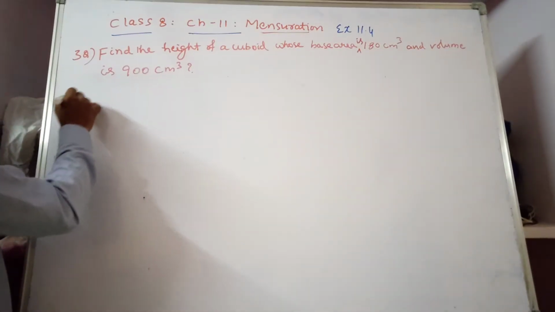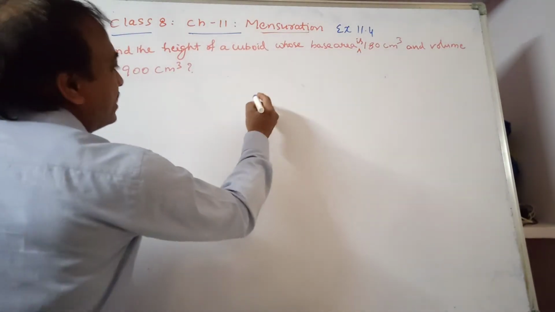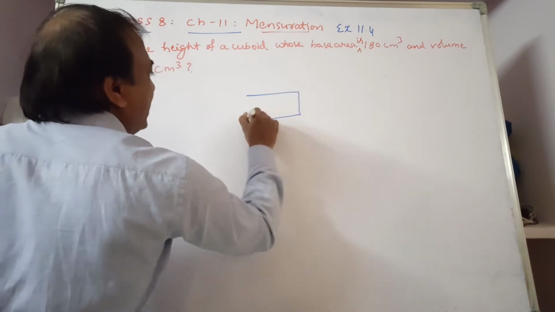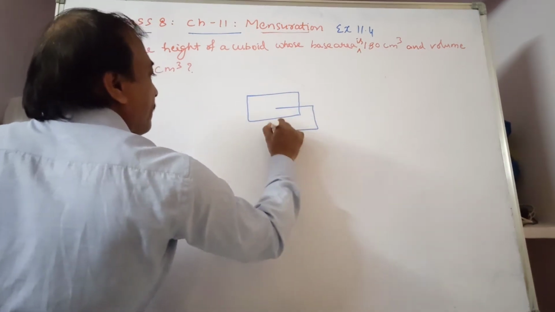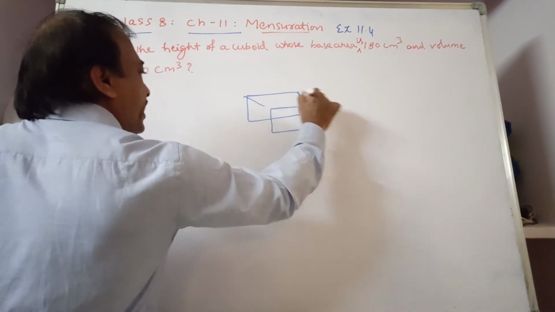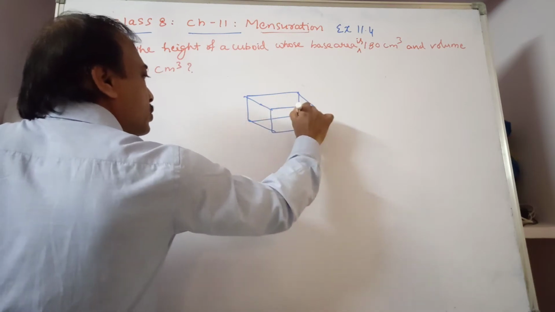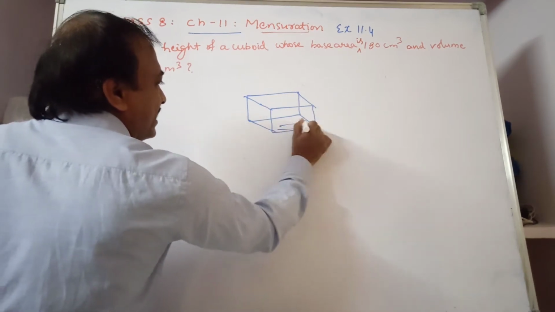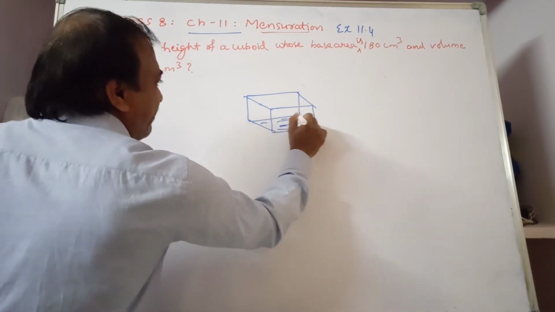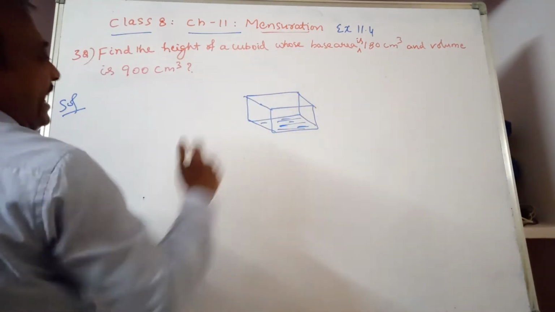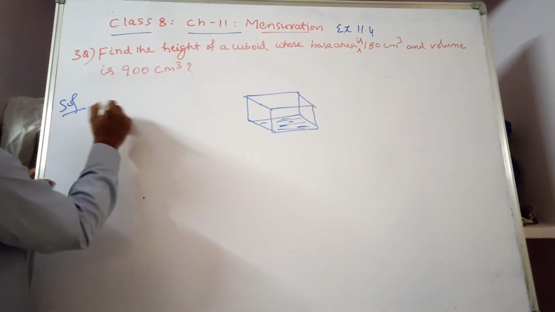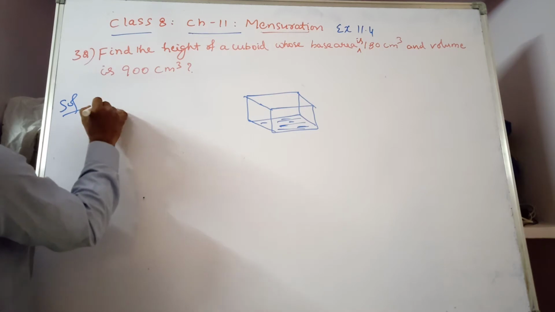Observe it, they give the base area. Till now we discussed the formulas, base area and the height. So the cuboid is given, and this base area is given as 180 centimeter cube. So the height of the cuboid you have to find out.